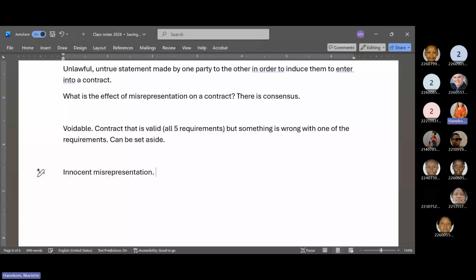I still told a lie, but not purposefully. If it is innocent misrepresentation, the contract can be set aside. The innocent party can decide whether to set it aside, cancel it, get her money back, or she can decide to uphold the contract.